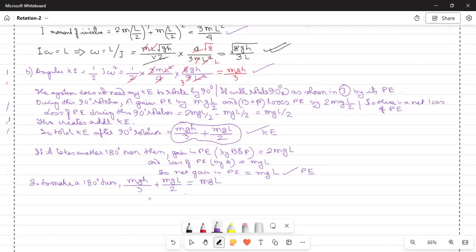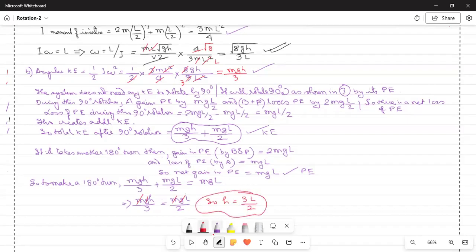So from here we get mgh by 3 is equal to mgl minus mgl by 2, which is mgl by 2. From here, m and g get cancelled. What are we left with? So h is equal to 3l by 2.